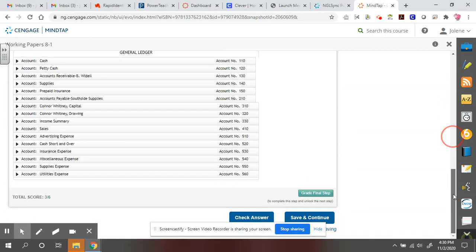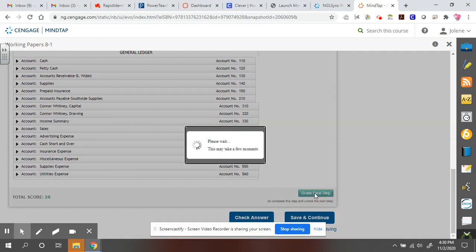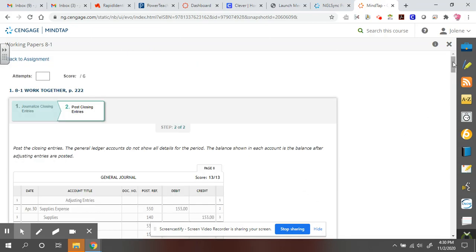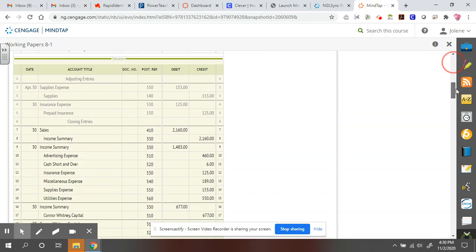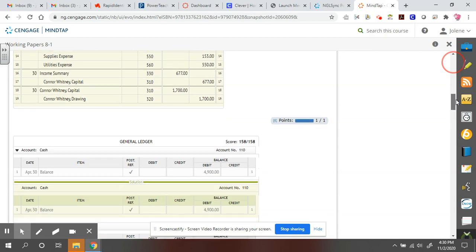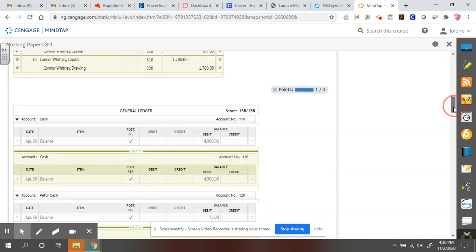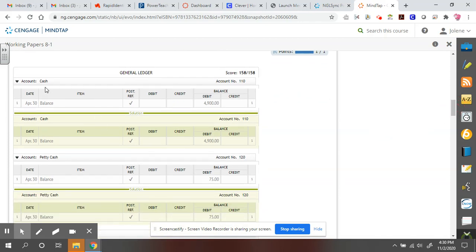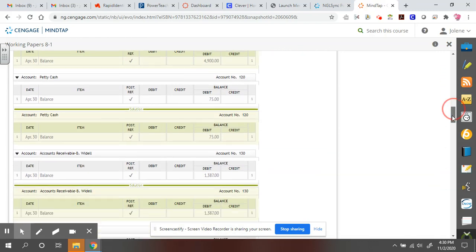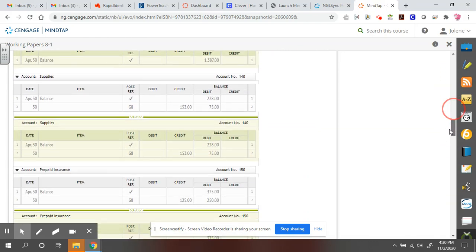And now we're going to come down here, grade final step. And we can take a look at it. And it likes everything that we did. We got a point. And when you go through here, you'll see that all of your assets and your liabilities and your capital account still have balances. Those balances will keep going.